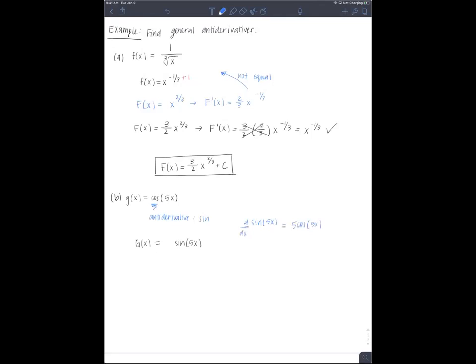So if I want to get just cosine of 5x, what do I have to multiply capital G by to get rid of that 5? Yeah, so I'm going to need a 1/5 out front here. Exactly. And so all I need to do to this is add my c, and I'm done.